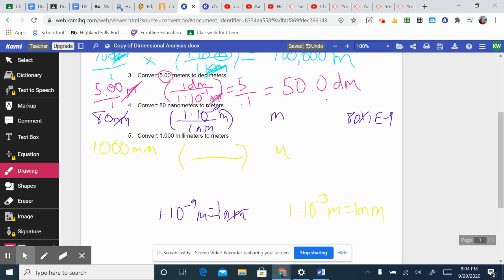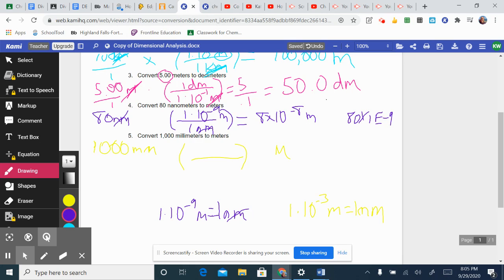And that gets you 8 times 10 to the negative 8. And on the bottom, 1 times 1 is 1, so our answer is just 8 times 10 to the negative 8 meters.